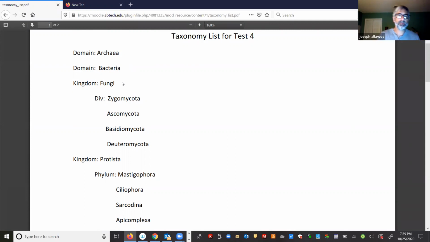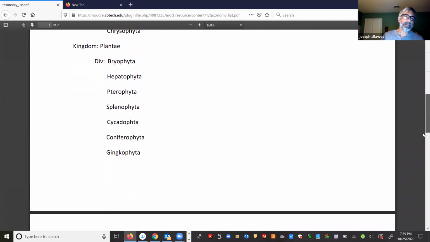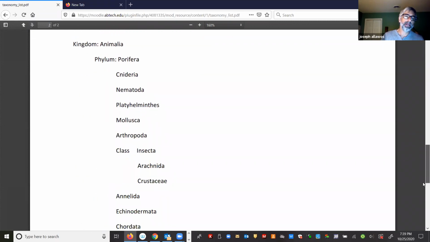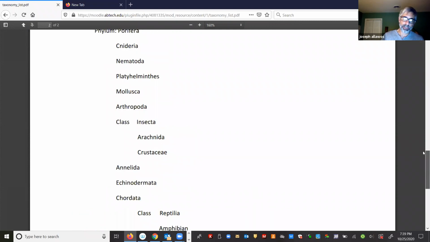We have kingdom Fungi and its divisions. We have kingdom Protista with its phyla and divisions. We'll talk about why those are different names. The Plantae and the Animalia. And you can see when we get down to the animals, we go into class. So we go from phylum into classes.